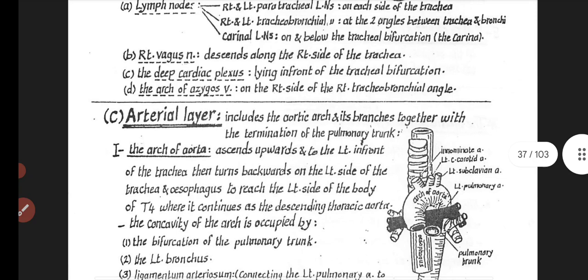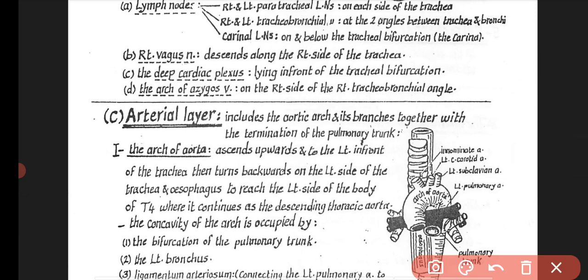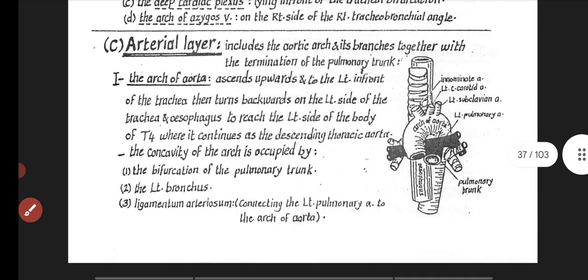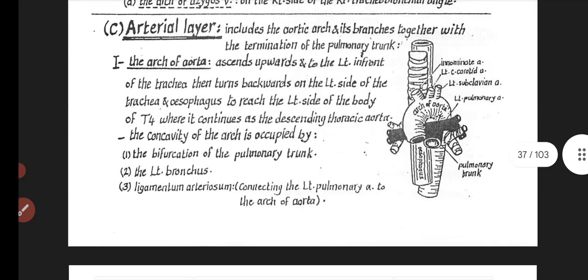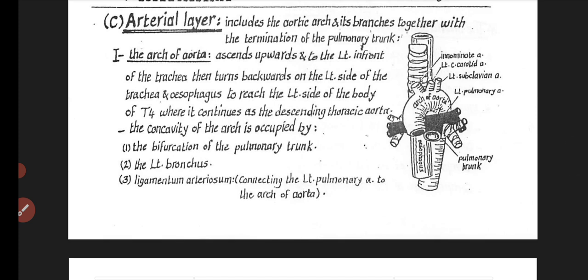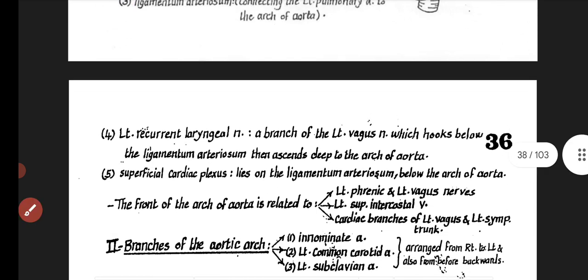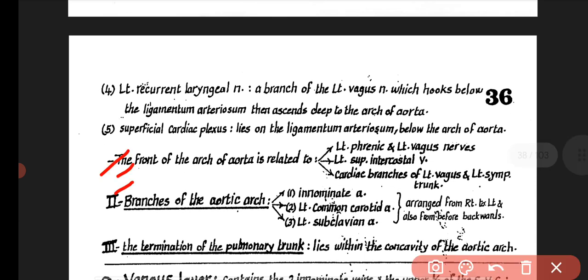And the arterial layer. The arterial layer mainly is the arch of aorta. Besides the arch of aorta, there also come the left bronchus, the ligamentum arteriosum, the recurrent laryngeal nerve, and the superior cardiac plexus.